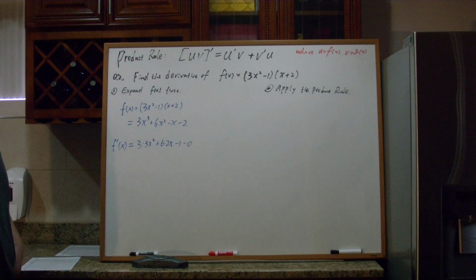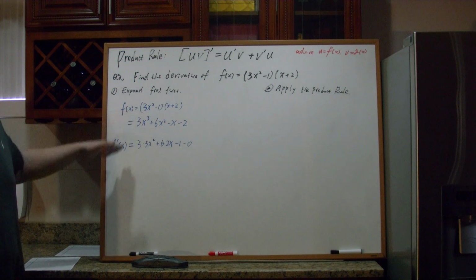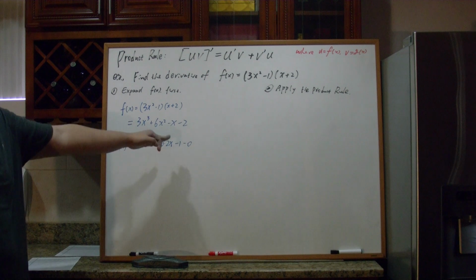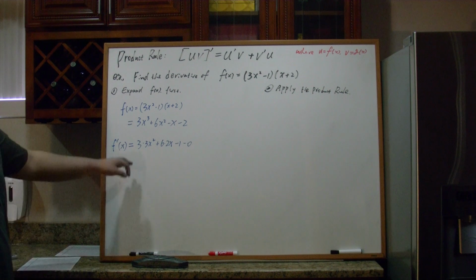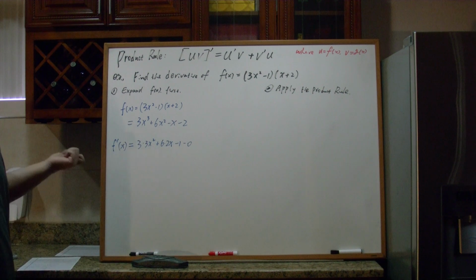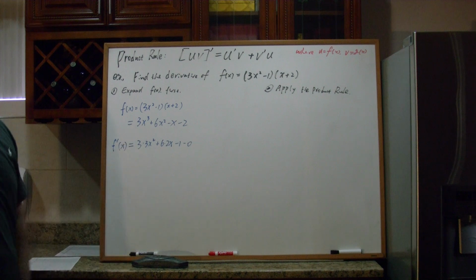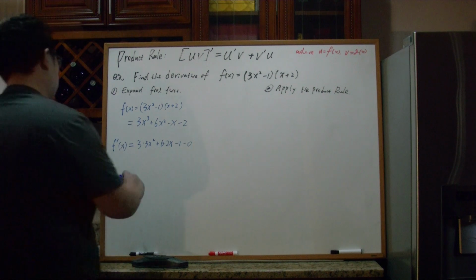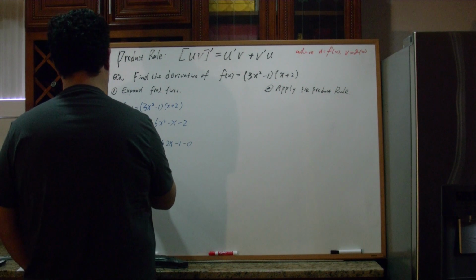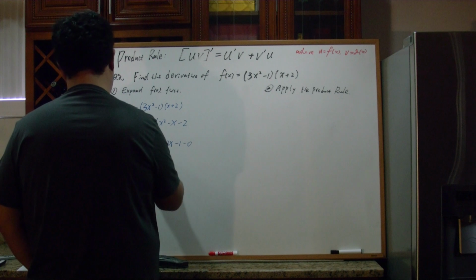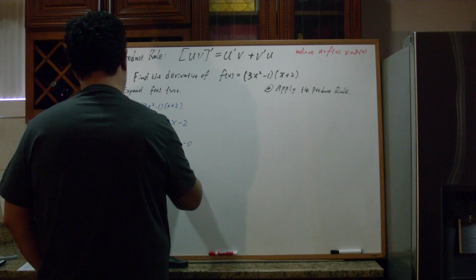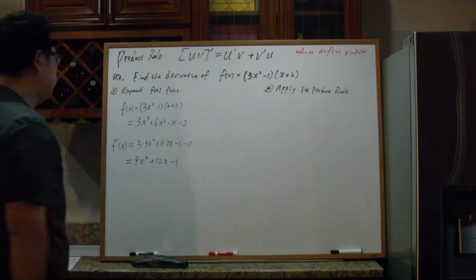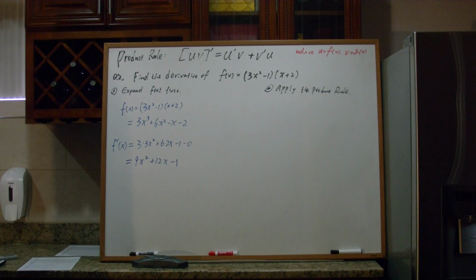Apply the power rule here: the power carries down and the exponent decreases by 1. If you get it fast enough, you can try to do that. 9x squared plus 12x minus 1. That is the f prime of x we get.